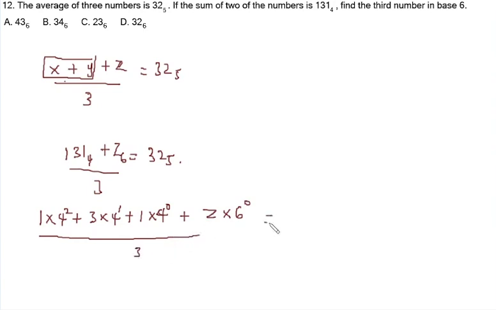And then this is equal to 32 base 5 to base 10 becomes 3 times 5 plus 2 times 5, to the power of 0, to the power of 1. So that if we solve this, 1 times 4 raised to the power 2 is 16 plus 3 times 4 raised to the power 1 is 12 plus 1 times 4 raised to the power 0.